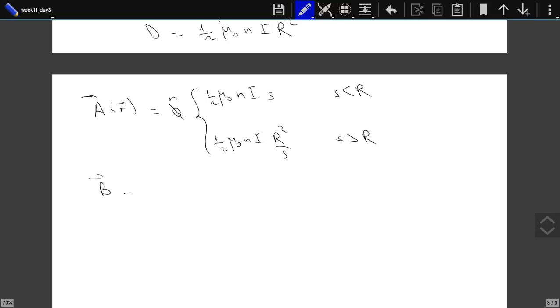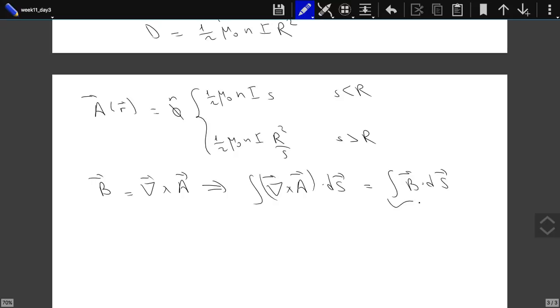You see, what do we know? B should be equal to the curl of A. But this tells me that if I integrate the curl of A over some area, this should be equal to the integral of B over that area. Well, the integral of B over a given area is what we call flux.